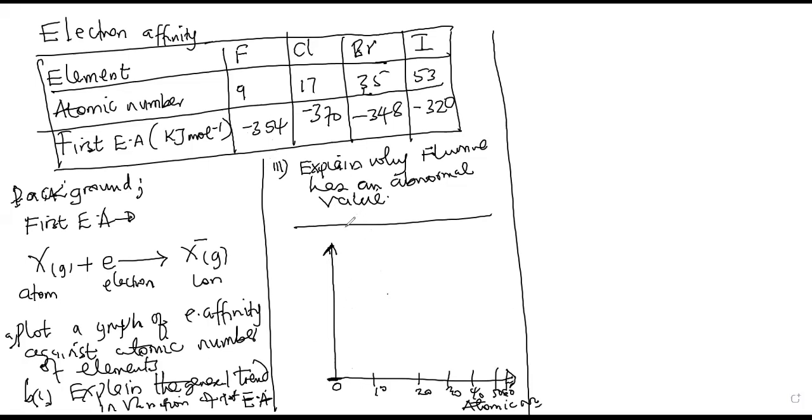One can even start from 300, say 310, 320, 330, 340, 350, 360, 370. Then you put first electron affinity in kilojoules per mole.